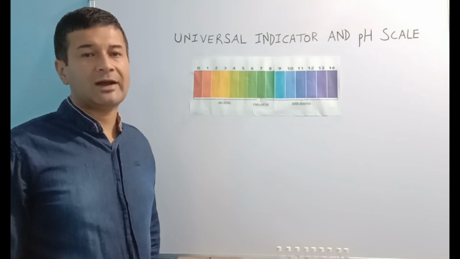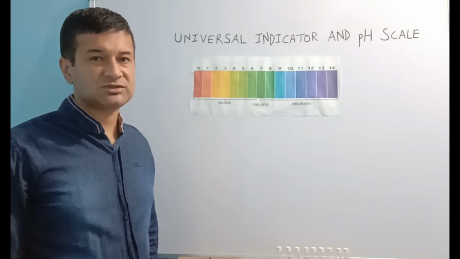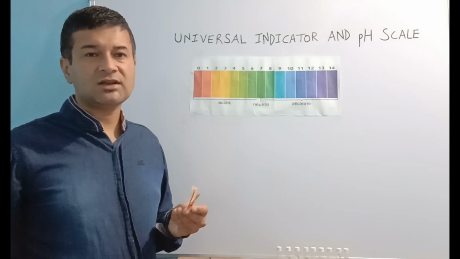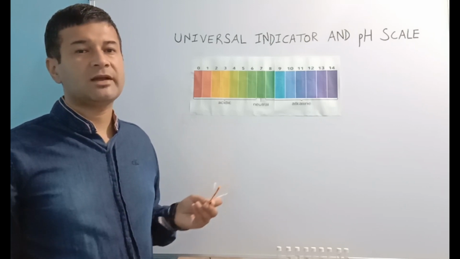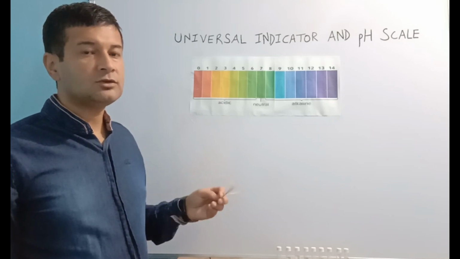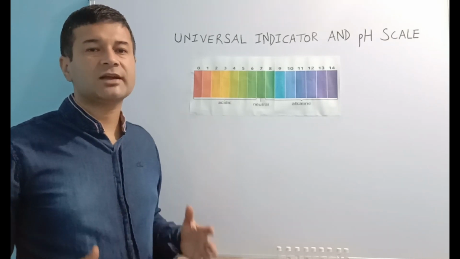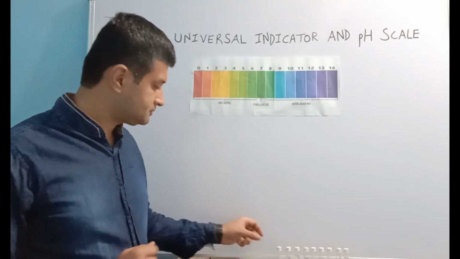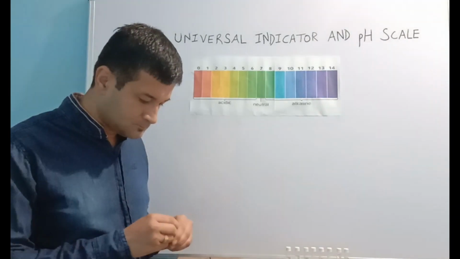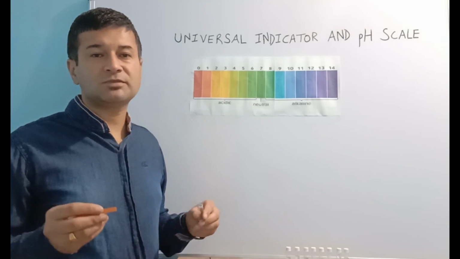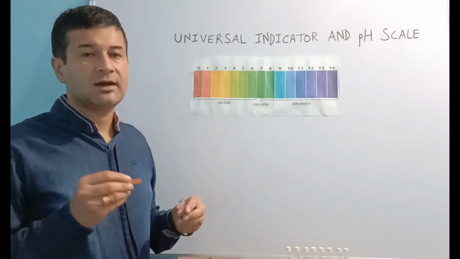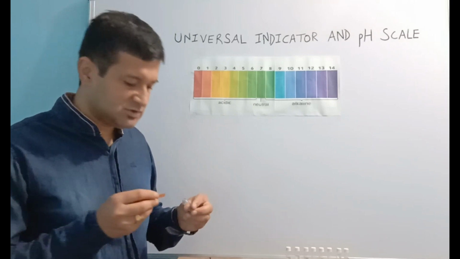Now, let us see the use of universal indicator, and with the help of a pH paper, let us determine the pH value of some of the solutions that I have taken. I am taking the pH paper by which I am going to determine the pH value of a few solutions. Let us take the first solution. Now I am going to dip this pH paper into it and see the color change.